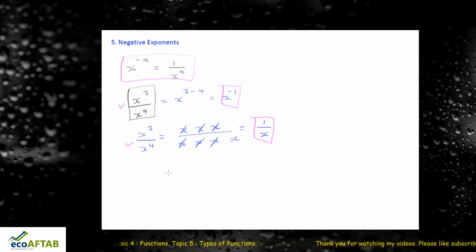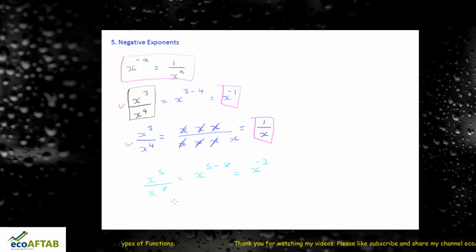If you want to solve it, I'll give you another example. Let us say x to the power 5 divided by x to the power 8. So what will you get is x raised to 5 minus 8, that is x raised to minus 3.